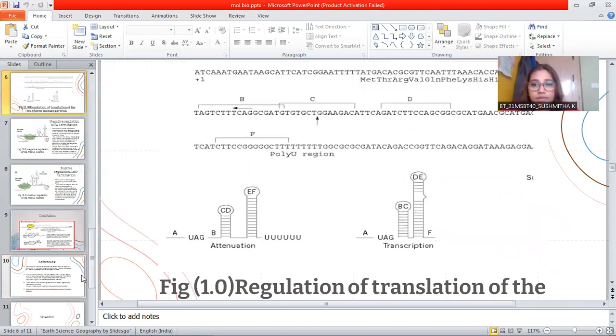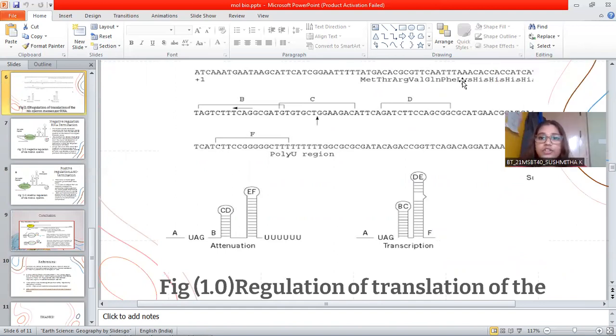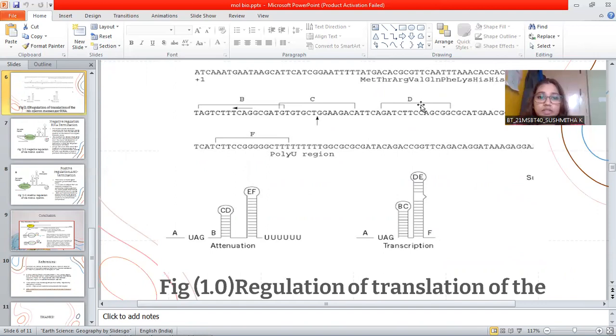So basically what happens is, as I told, there is a 16 residue strand over here, which synthesizes a continuous sequence of 7 molecules of histidine. Once these molecules are synthesized, they form loops.